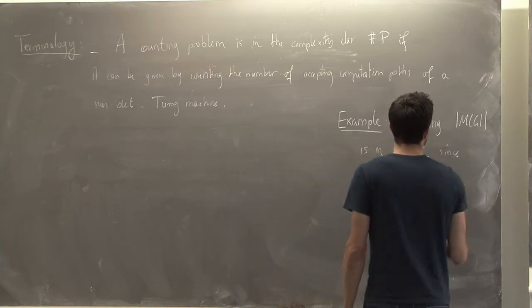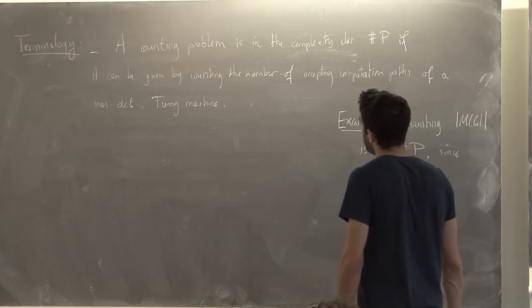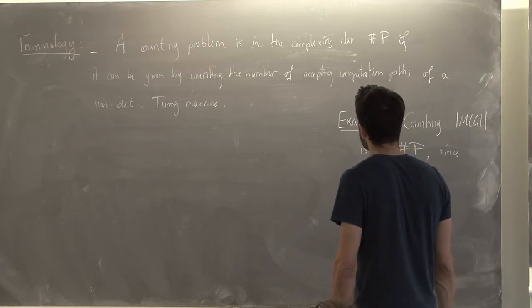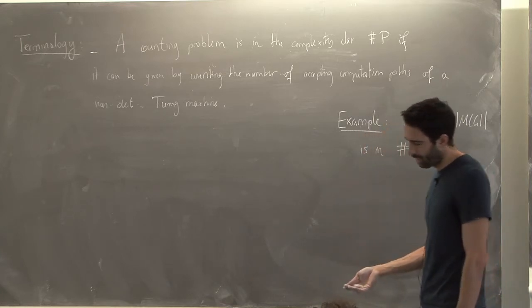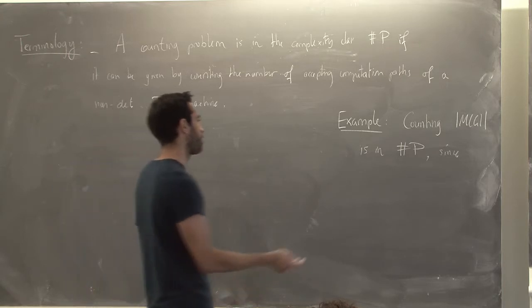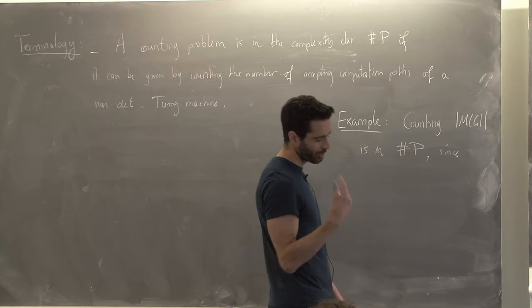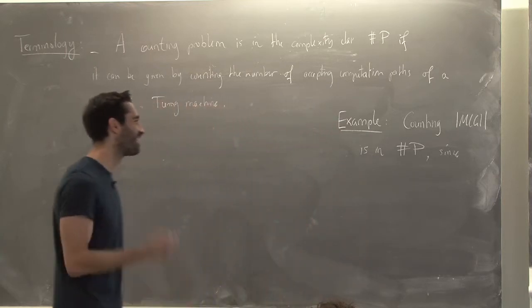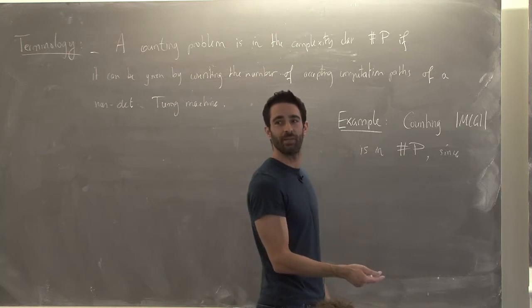Since a non-deterministic Turing machine can guess a perfect matching and then check that it is a perfect matching in polynomial time.